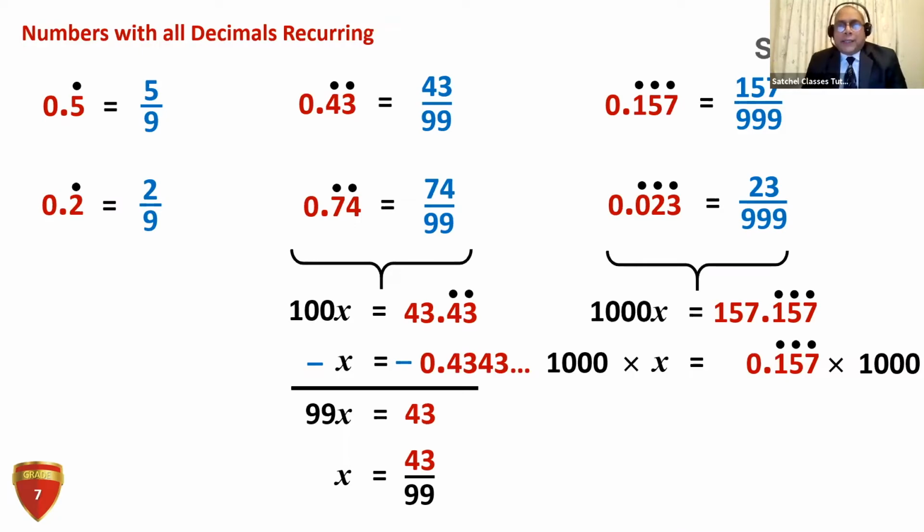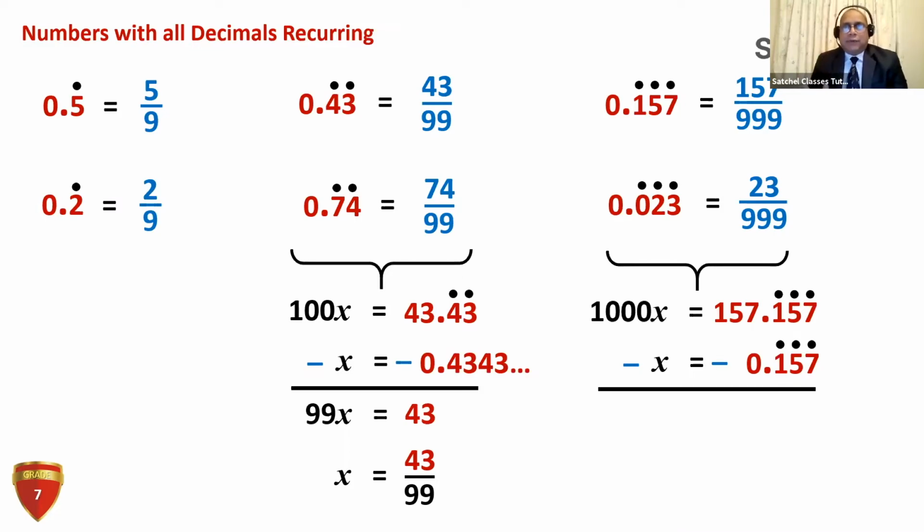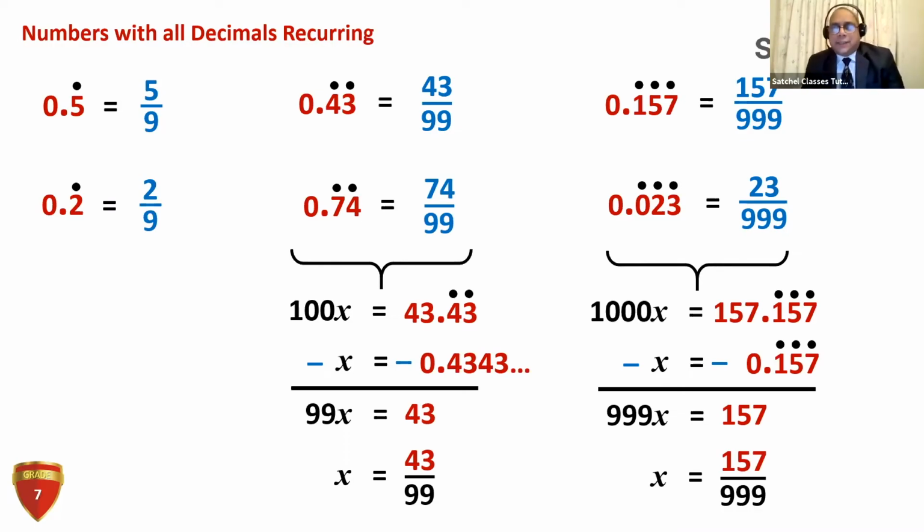Then you subtract, and 1000x take away x is 999x, which equals 157, because the recurring decimal gets cancelled. So x equals 157 by 999, the same result we achieved earlier.